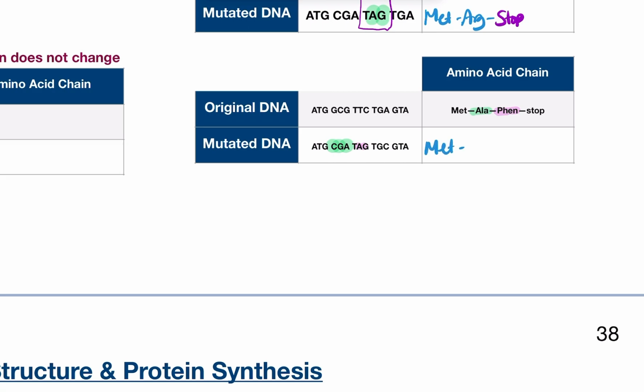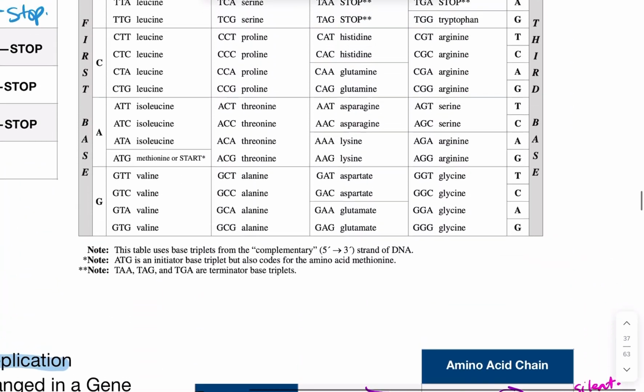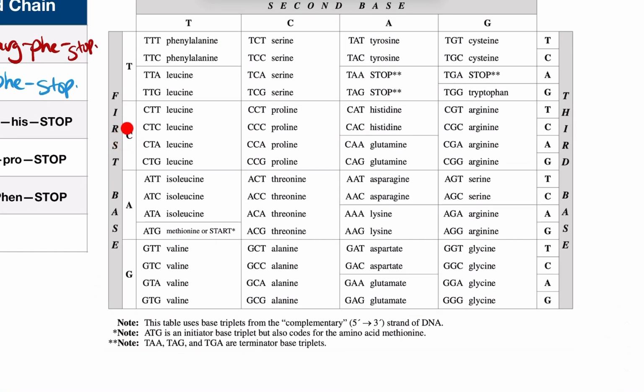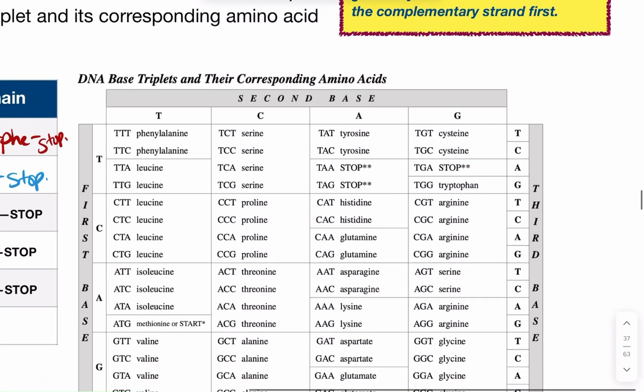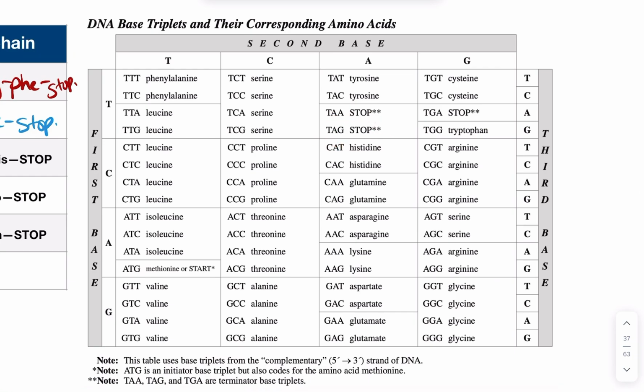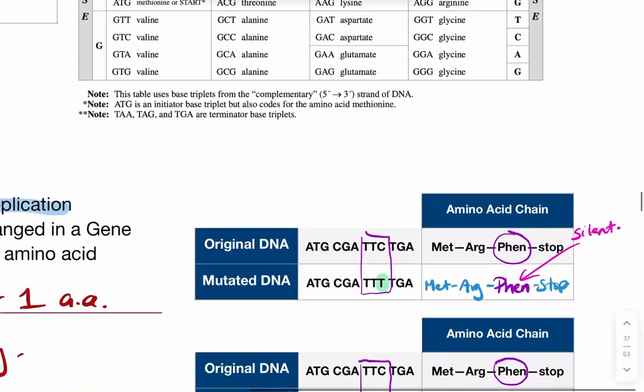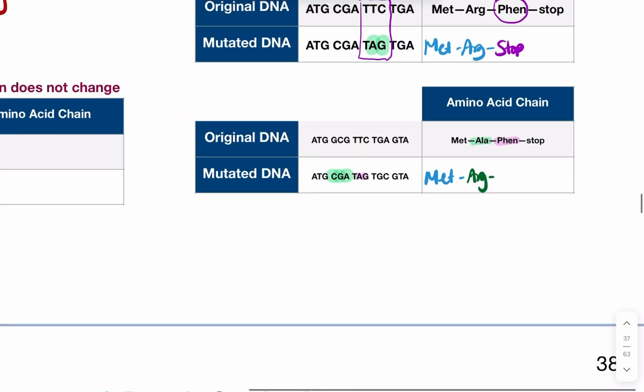It's going to be methionine. CGA is what? CGA is arginine, ARG. Okay, so that's not the same. And then TAG, it was phenylalanine. Let's see what it is now. TAG, sounds familiar. TAG, stop. All right, so that's not good.